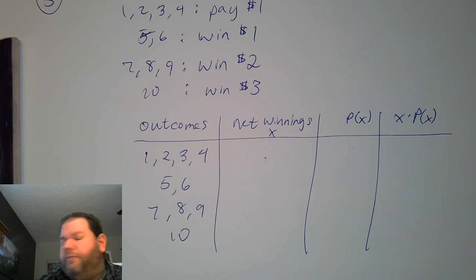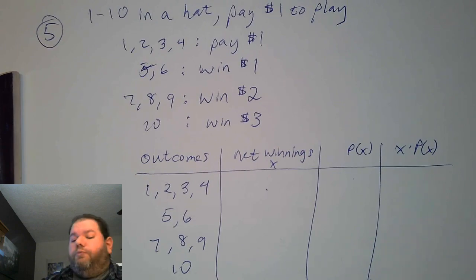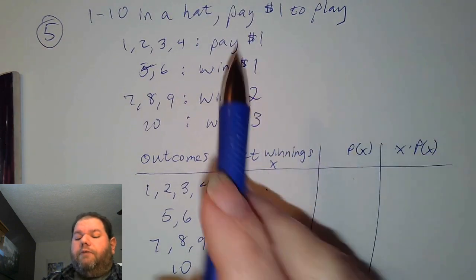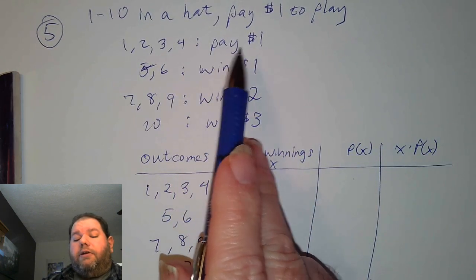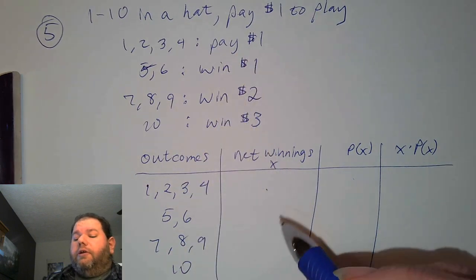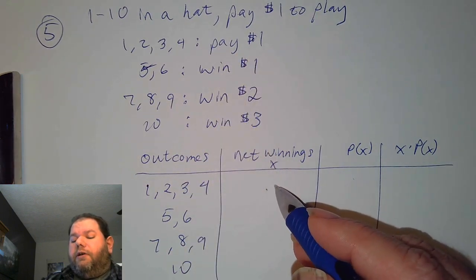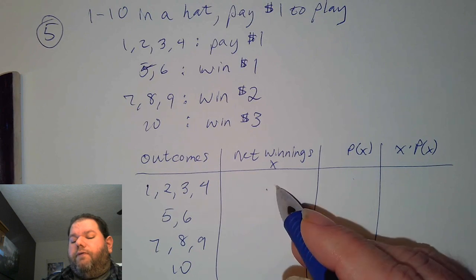Okay, so the question is, we paid $1 to play, and if we drew a 1, 2, 3, or 4, we paid an additional $1. So where do we stand if we happen to draw the 1, 2, 3, or 4?